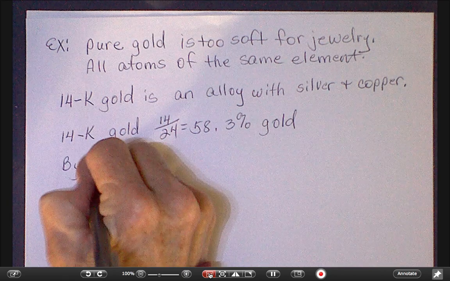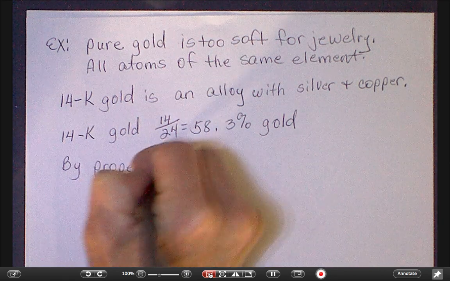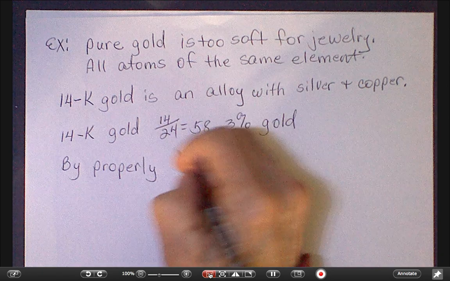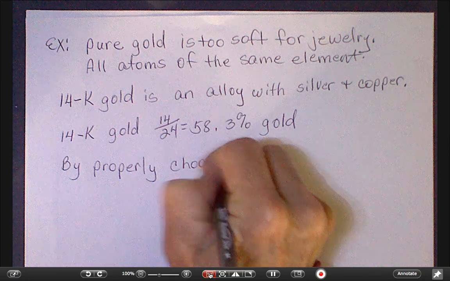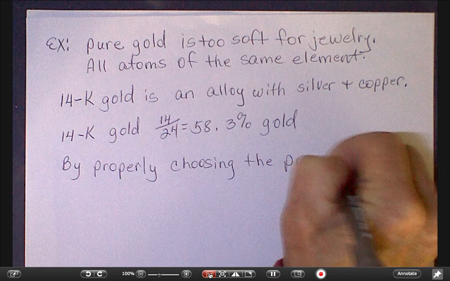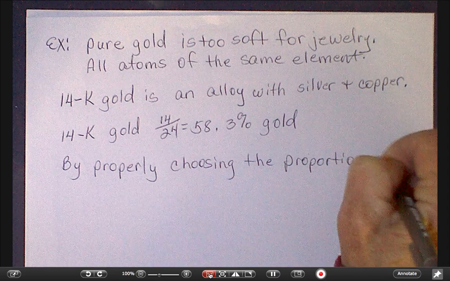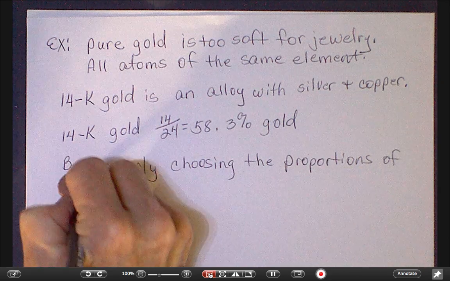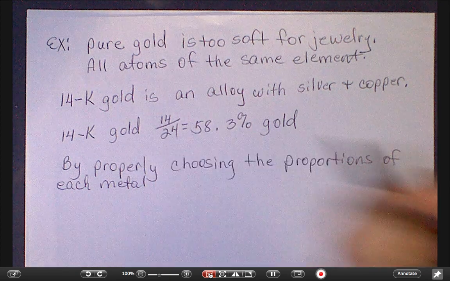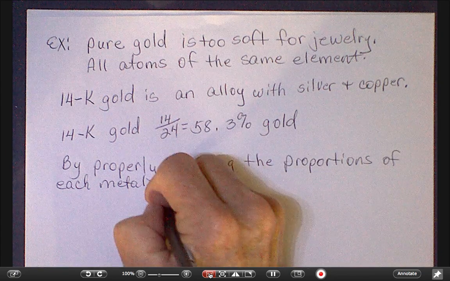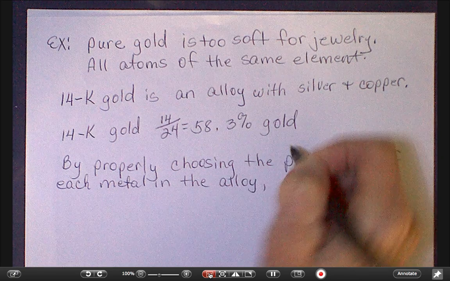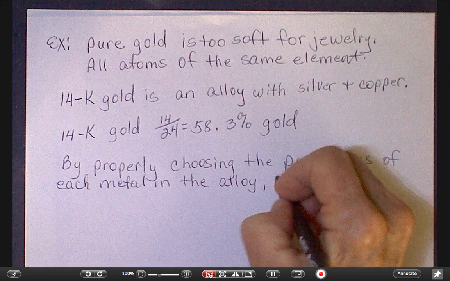And this is for all alloys: by properly choosing the proportions of each metal in the alloy, many desirable properties can be obtained.